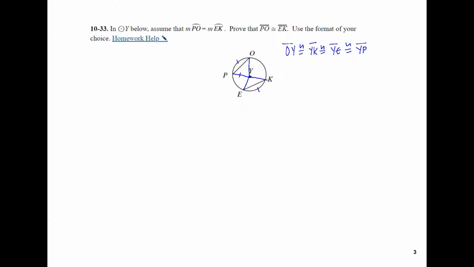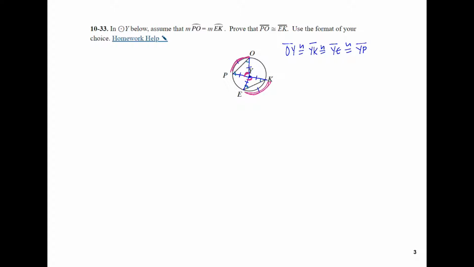So if we have two triangles that have congruent sides, it means that our base angles are congruent, which would mean our central angles must be the same. And if our central angles are the same, we know that our arcs are the same.